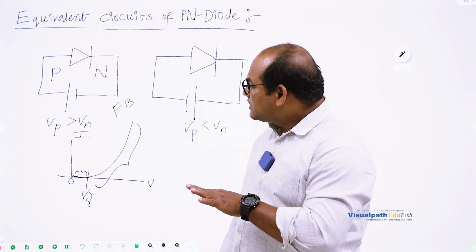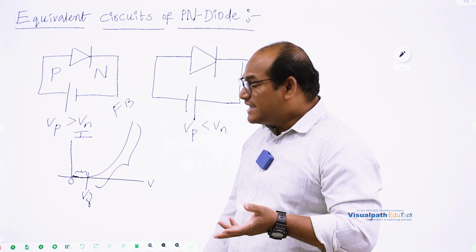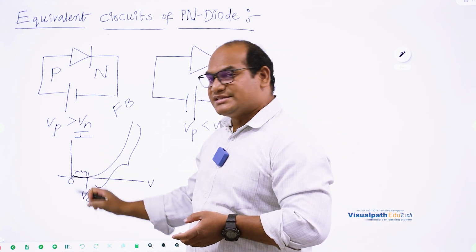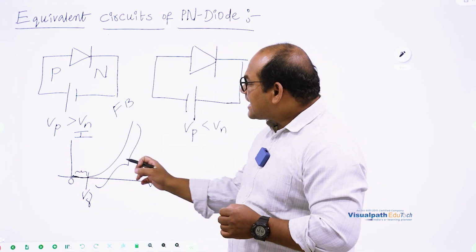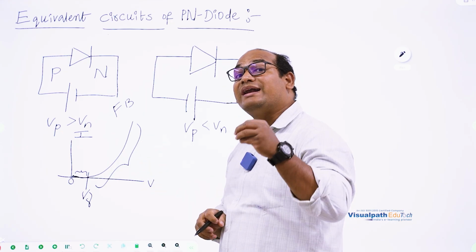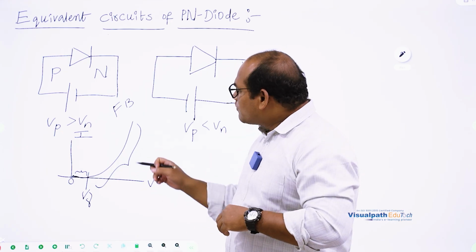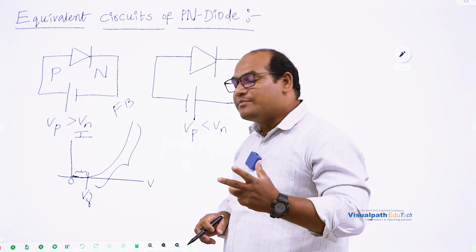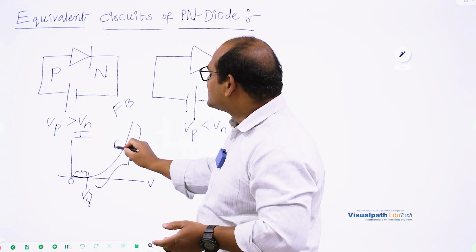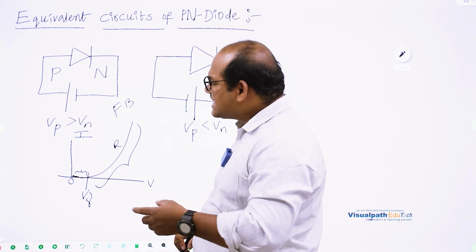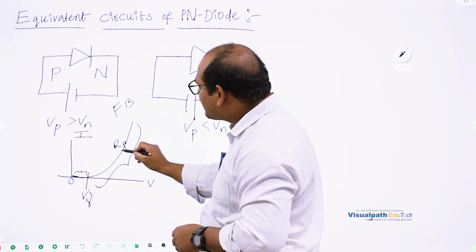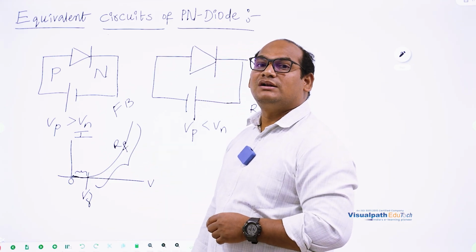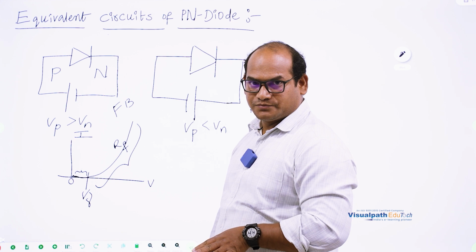Current is equal to 0 means infinite resistance is there. But here current is available, which means a finite amount of resistance is there. So whatever curve is there with non-zero current can be represented with a certain resistance value. Because it is in forward bias, I am representing that with the forward resistance RF.